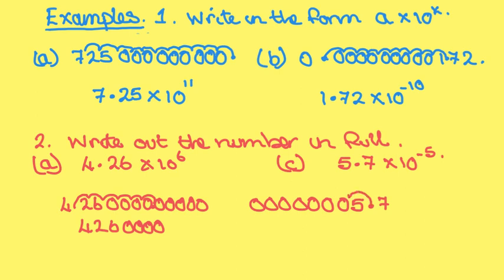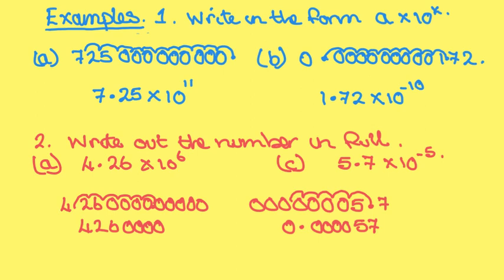So it goes 1, 2, 3, 4, 5. So our number would be 0.4 zeros, 5, 7. So 5.7 times 10 to the minus 5 in full would be written as 0.000057.